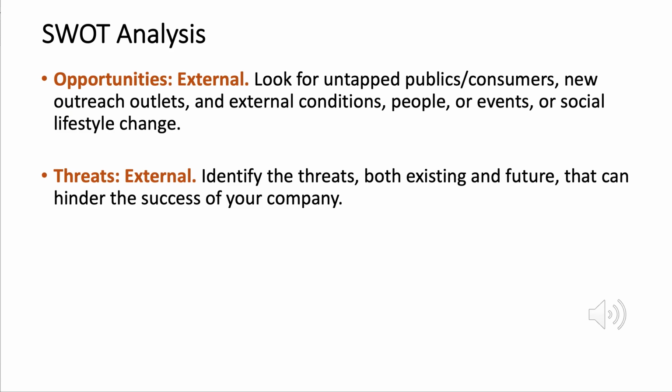For opportunities, we always look externally for untapped publics or consumers, new outreach outlets, or external conditions such as people, events, or social lifestyle change. For threats, we also look externally to identify threats, both existing threats or future threats that can hinder the success of your company.